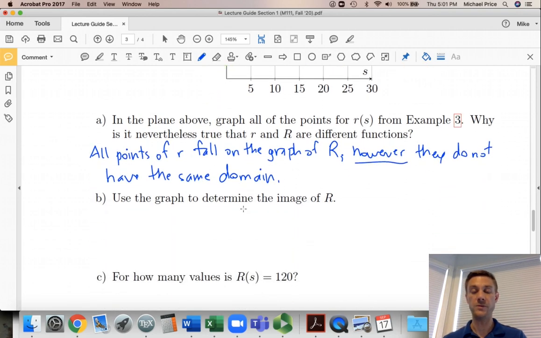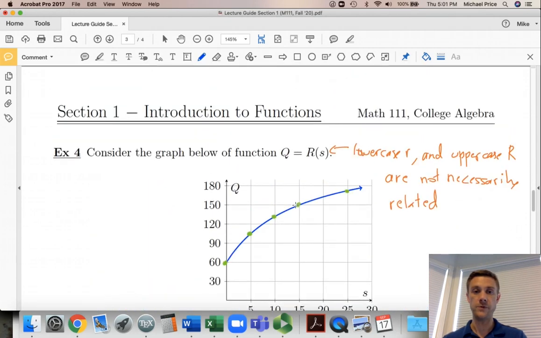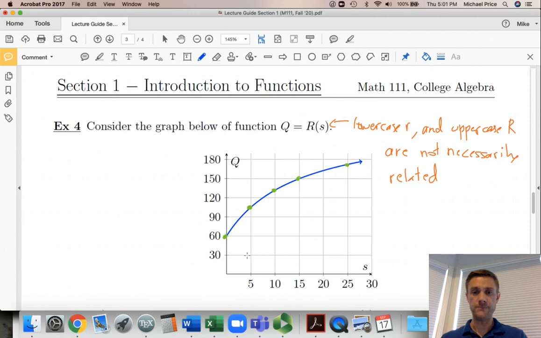Okay, so with that disappointment behind us, now let's use the graph to determine the image of R. So if we look at this function, we're going to say, what possible outputs could fall out of this? Now, keep in mind, we don't have a formula, we don't have a table, so all we have is this picture to go off of. But if the image is a list of all those outputs, what I'm really looking at is, what is the total possible kind of numbers that could appear along this q-axis?